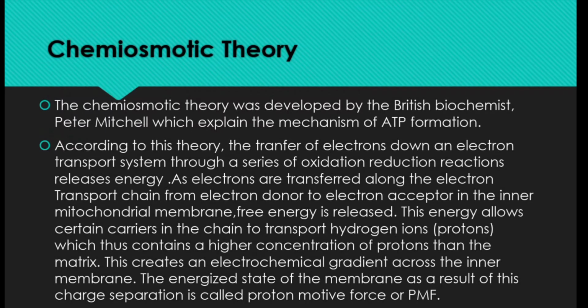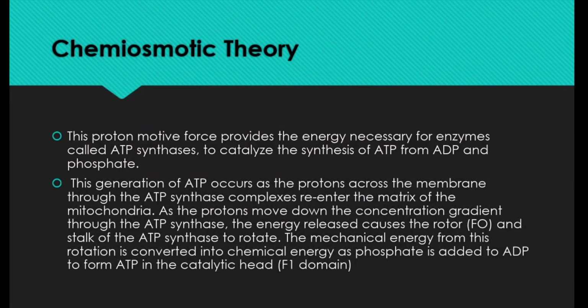The energized state of the membrane, as a result of this charge separation, is called the proton motive force. This proton motive force provides the energy necessary for the enzyme ATP synthase to catalyze the synthesis of ATP from ADP and phosphate. The generation of ATP occurs as the protons across the membrane re-enter the matrix of the mitochondria through the ATP synthase complex.